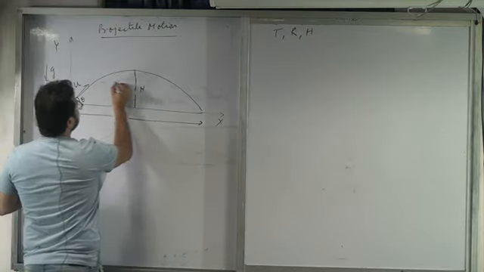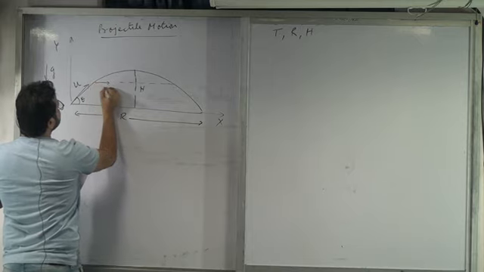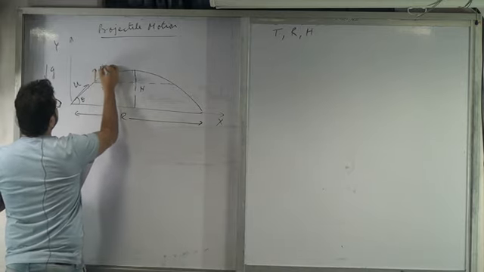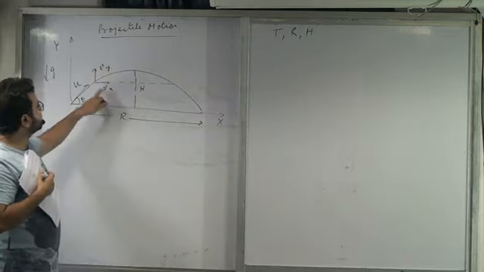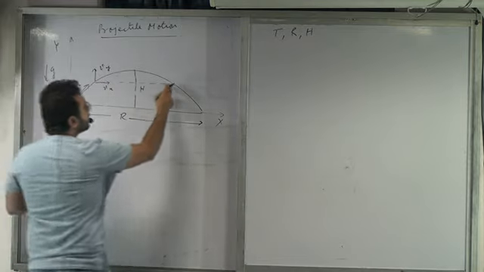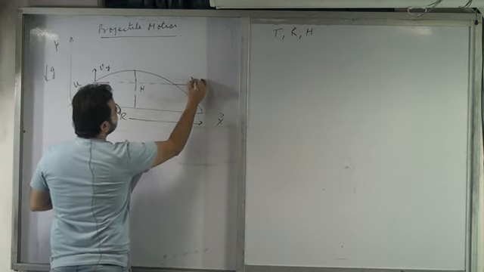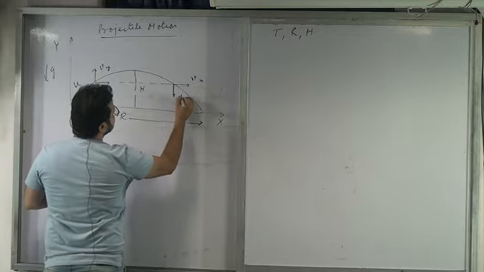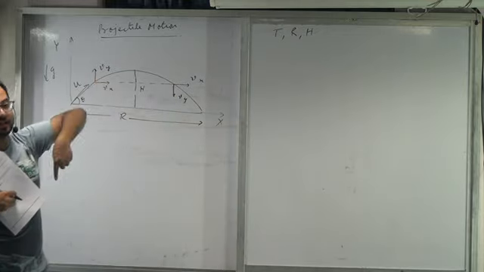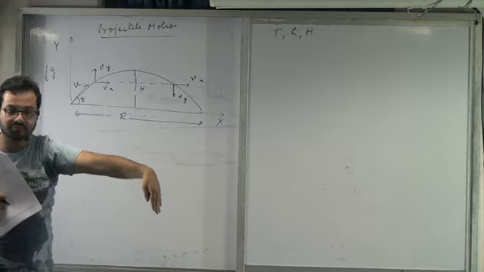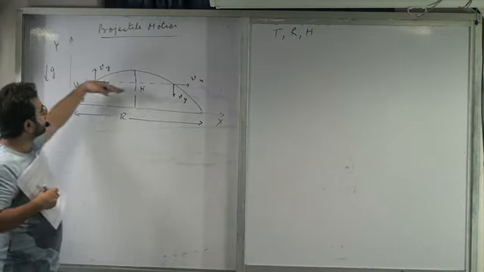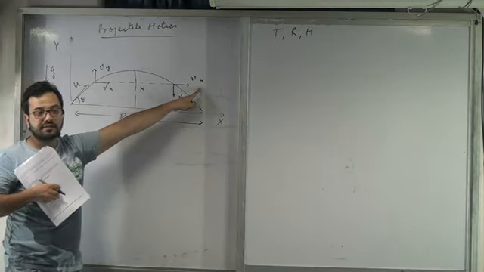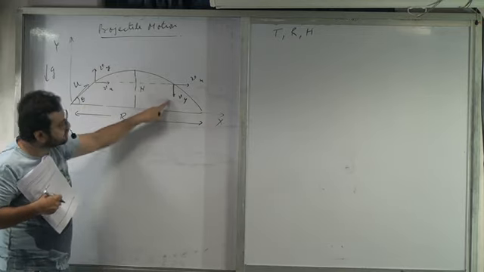Take it: if at the same height its velocity is Vx and Vy, then here it should have the same velocity Vx and same velocity Vy, but the direction of Vy will change. Now it's coming down. So I can say at the same height Vx, so ye bhi Vx, and if this is Vy, this will be Vy.